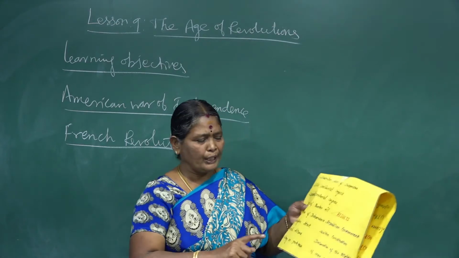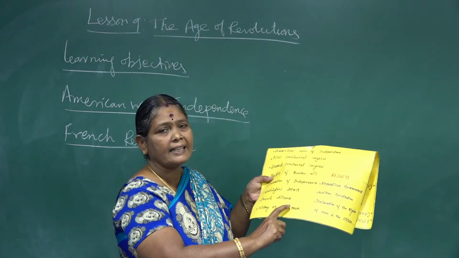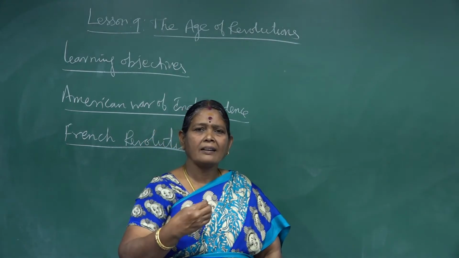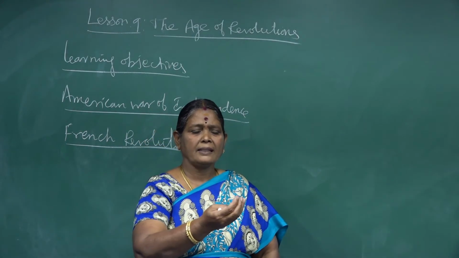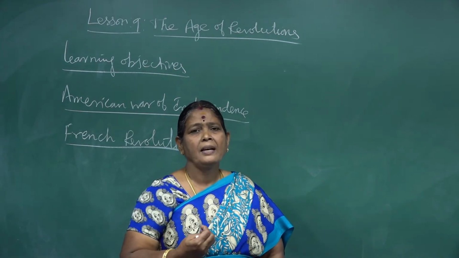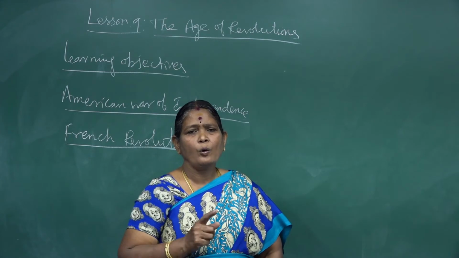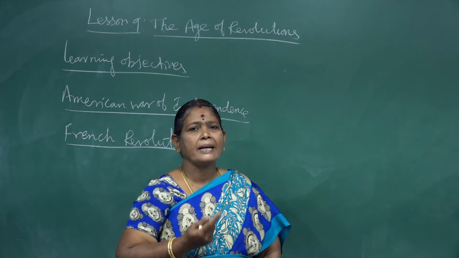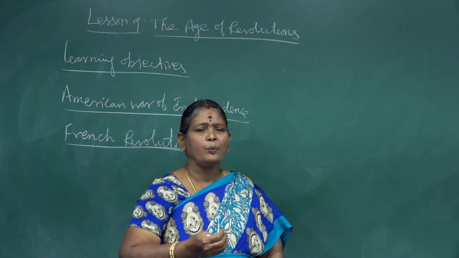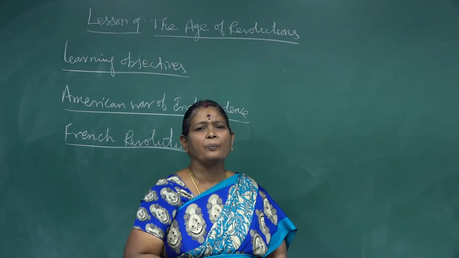Next, we are going to see the victory at Yorktown. Here, Washington got support from French forces as allies. Both French and American forces jointly attacked the British forces at Yorktown.